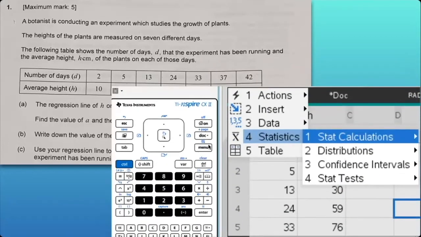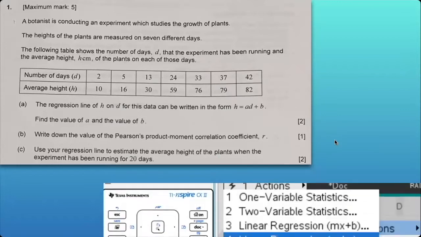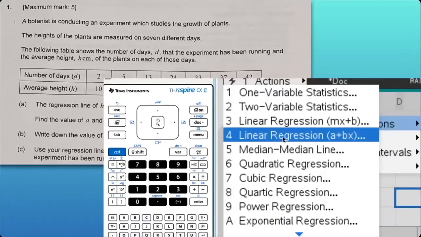And then choose Menu, Statistics, Stat Calculations, and choose, well, you can either choose number 3 or number 4. Just remember the format. If you choose number 3, the format is MX plus B. Here I choose number 4, A plus BX.